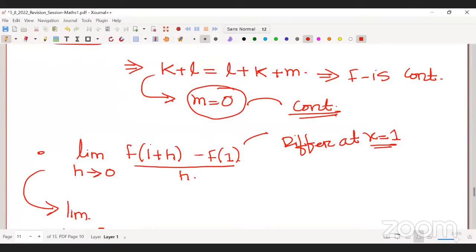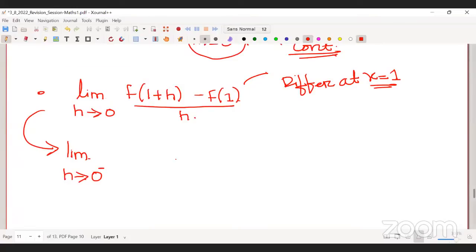Okay, so what will I get in the numerator if h tends to 0 minus? That means h is negative, right? That means 1 plus h is less than 1, so what will be the value of the function?